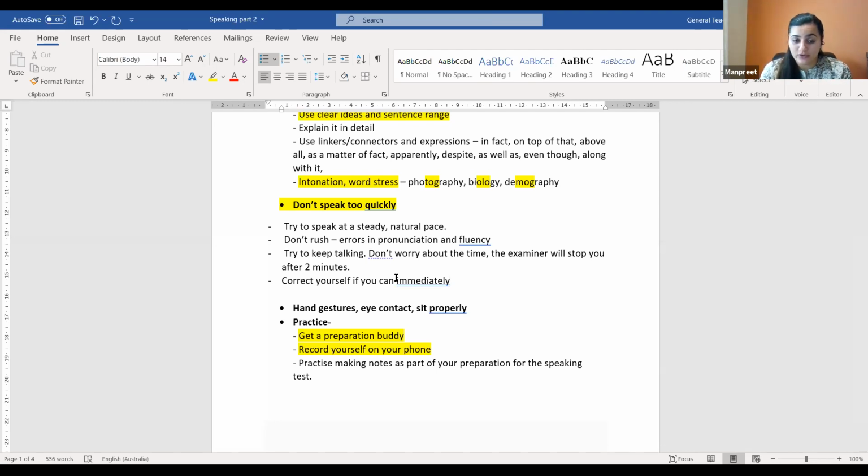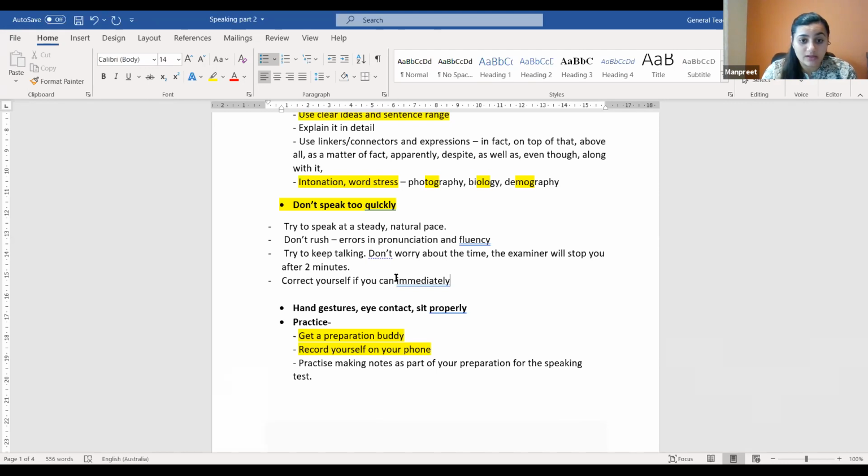And maintain eye contact with the examiner. The examiner might not look at you. Throughout the speaking, he or she might just be making notes, and might not look at you even once, but you still have to pretend that they are looking at you and maintain eye contact accordingly. Whenever they look up from their notes, if you are looking at them, maintaining eye contact, that's very important.